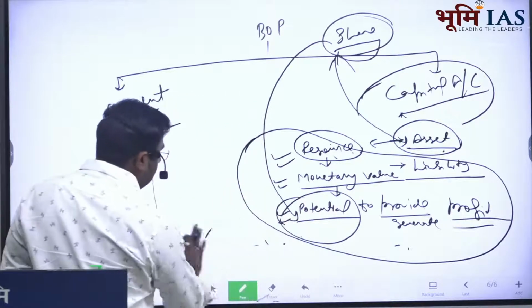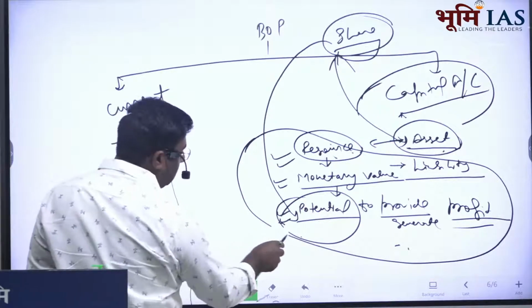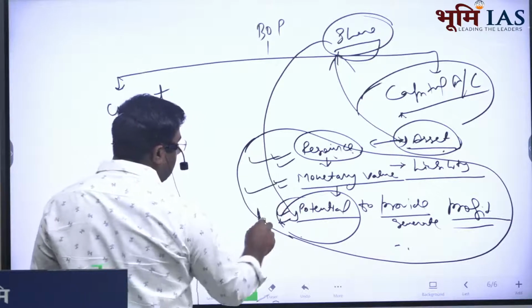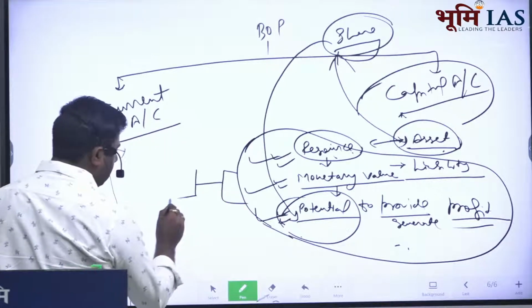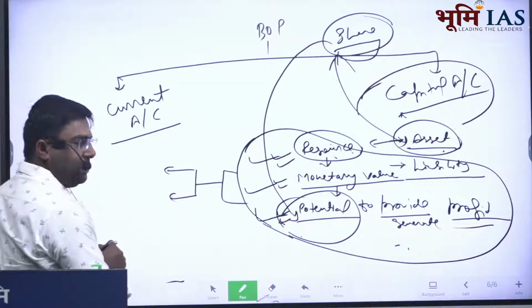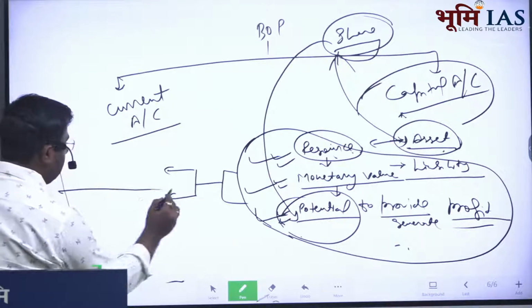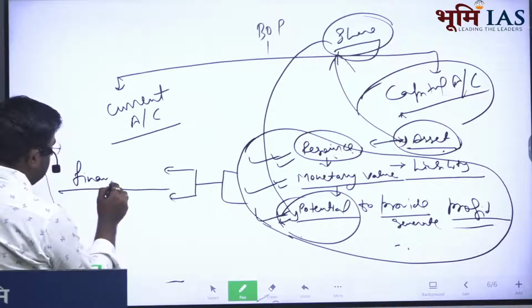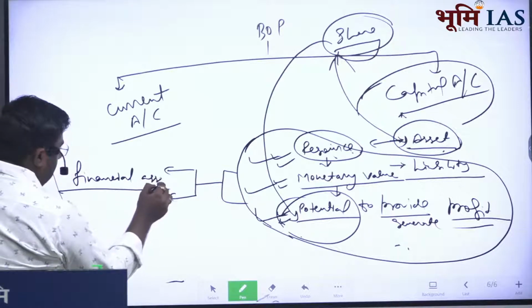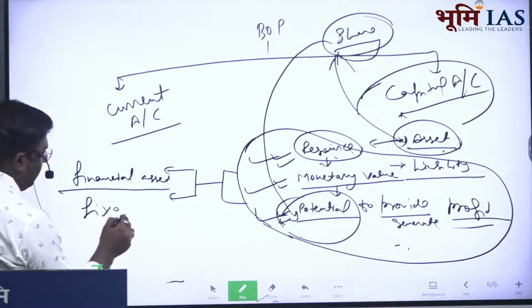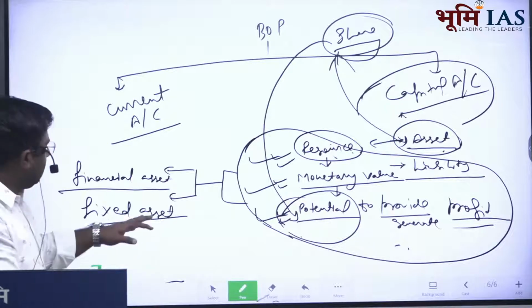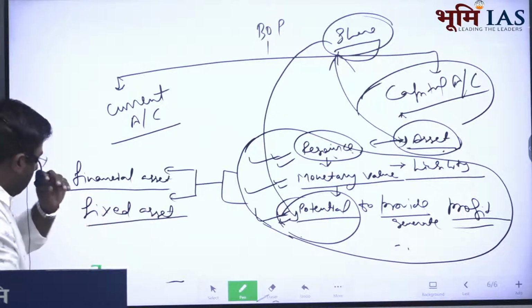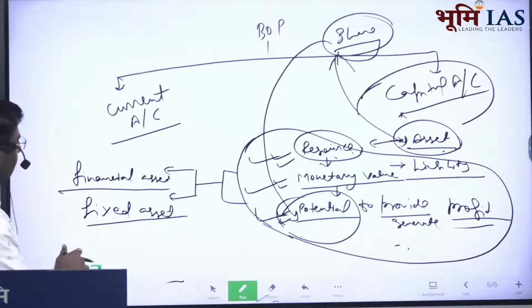Now, all such assets which satisfy these three criteria can be further divided into two specific categories: financial asset and fixed asset. Apart from it, there is also a third categorization called movable asset, but no need to land into that third dimension's trouble.